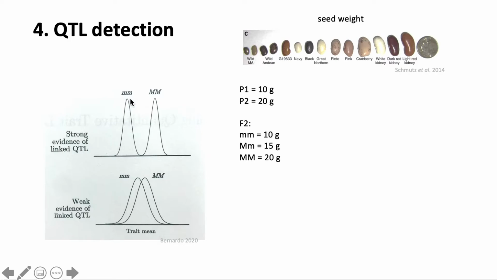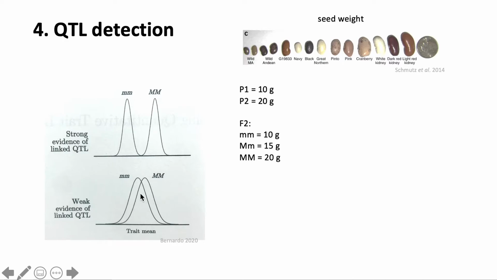When we have a QTL with strong evidence, the mean of the individuals that are homozygous for little m and the mean of the individuals that are homozygous for big M are really different. So we can easily see that there is a difference if we have one genotype or the other one.